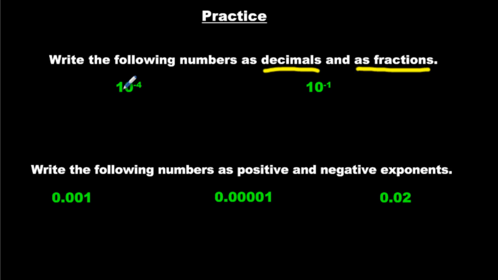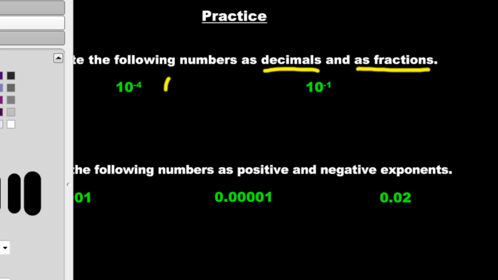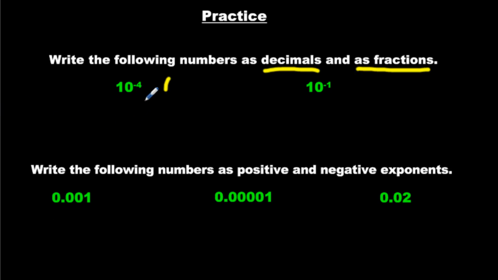Well, we could take this number and turn it into a positive exponent. We can turn him into 1 over 10 to the 4th. Let's clean that up a little bit. We're going to write 1 over 10 to the positive 4.